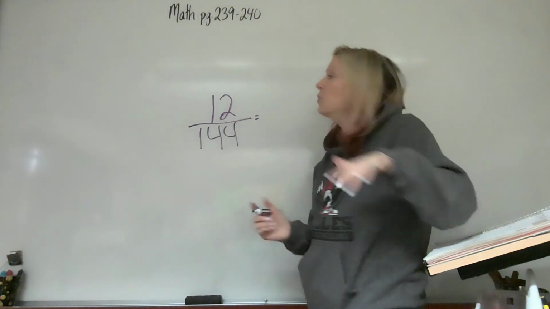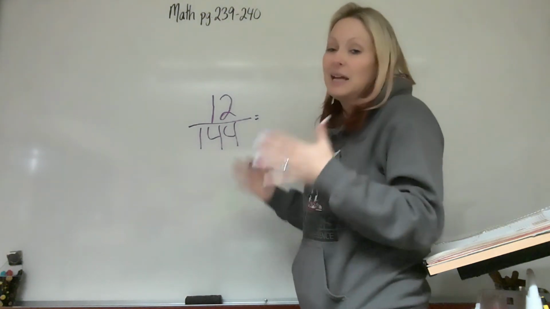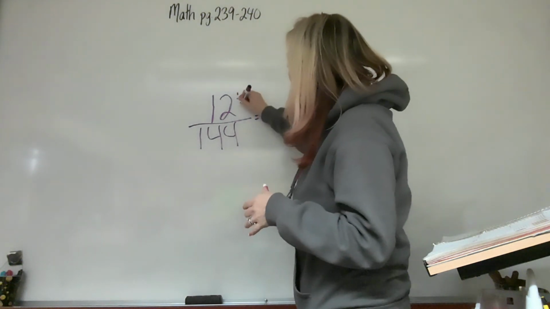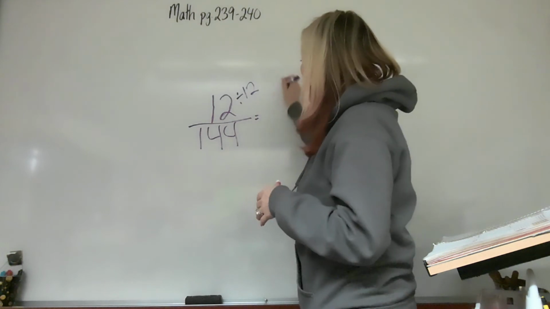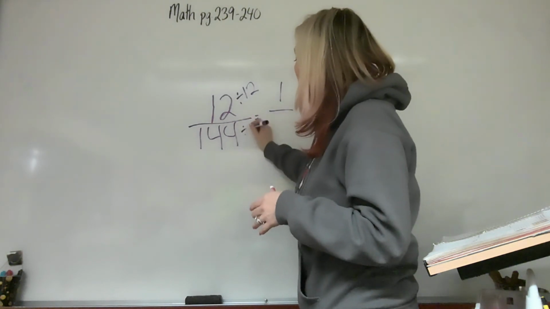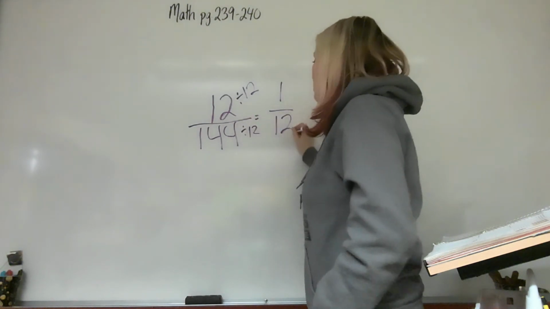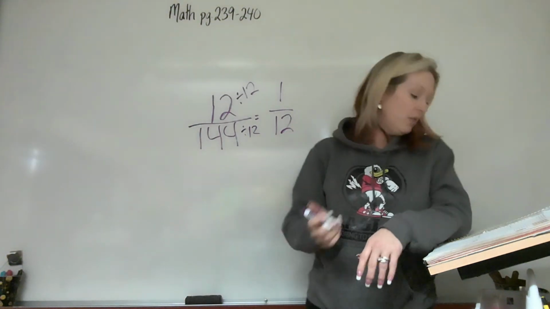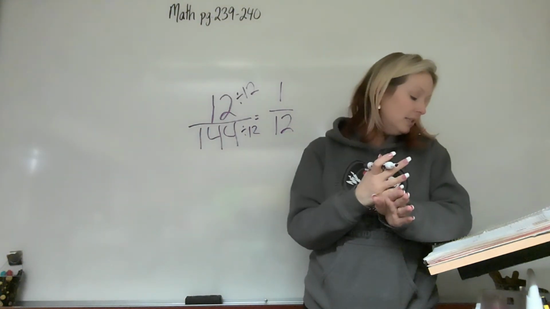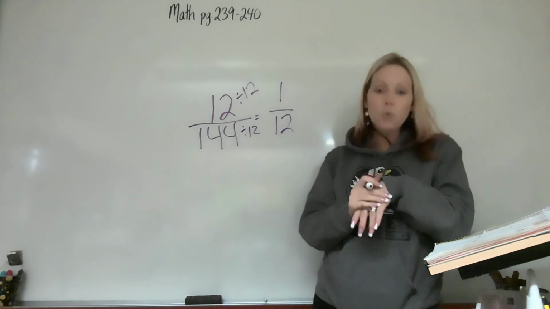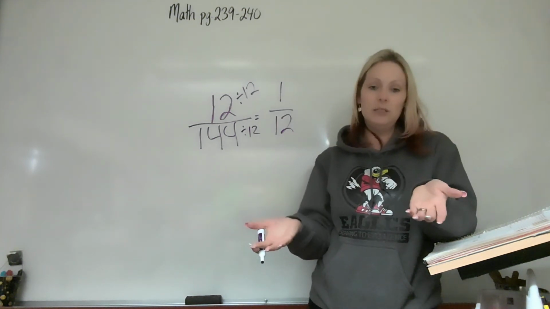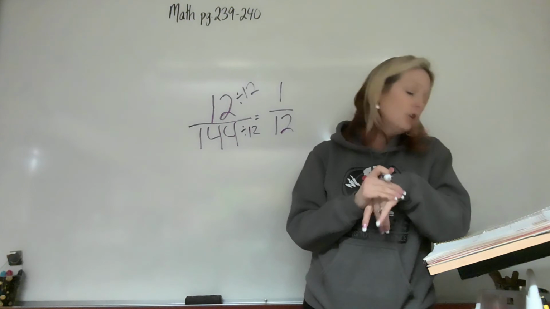I'm not that great at 12s, but by taking a look at this, I kind of already know that 12 divided by 12 equals 1, and 144 divided by 12 equals 12. So I know that 12 inches is 1/12 of 144 inches, and that's what you should have gotten for 2A.